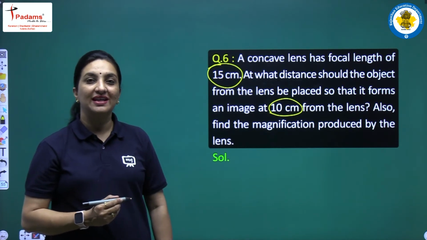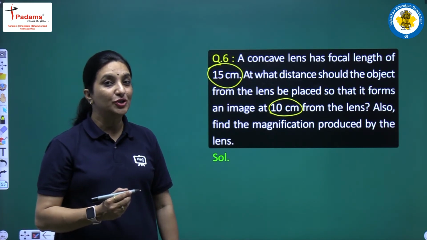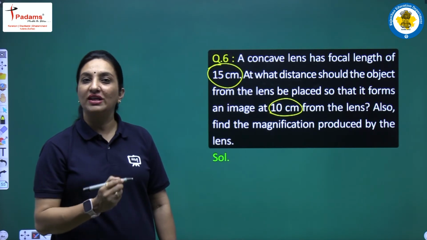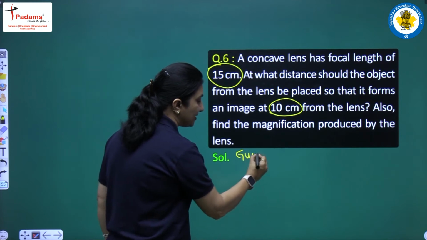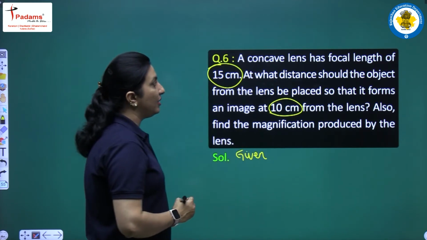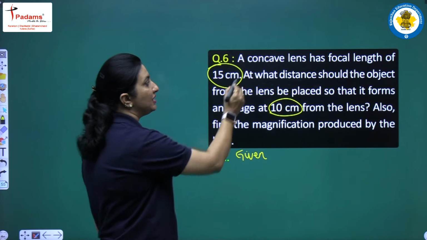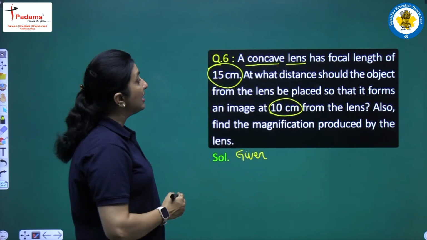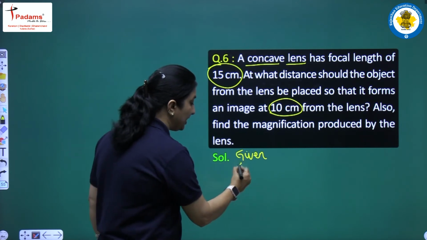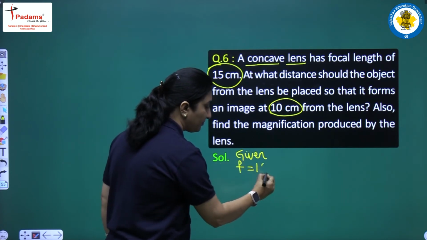Now students, here we will begin the solution by writing the quantities which are given. A concave lens, students, here we have the concave lens, has a focal length of 15 centimeters.